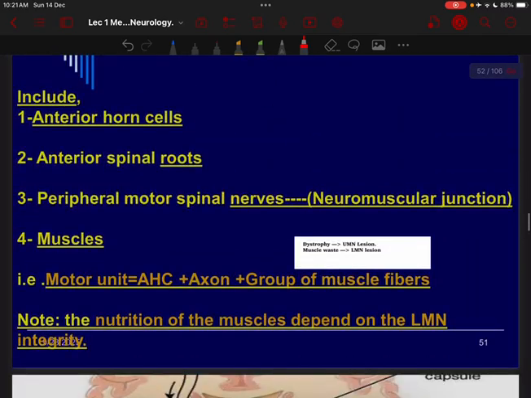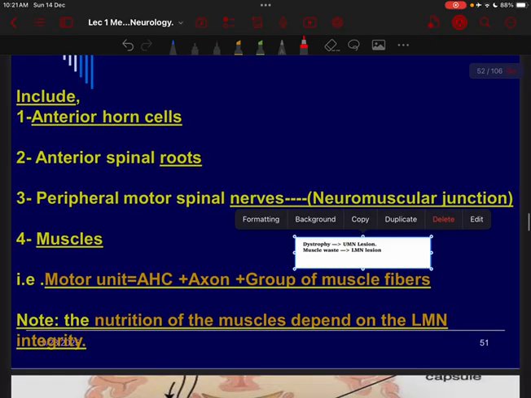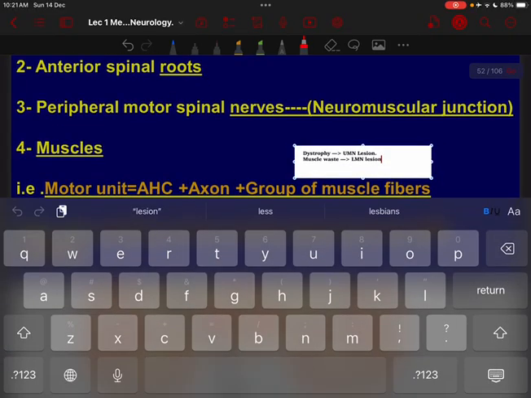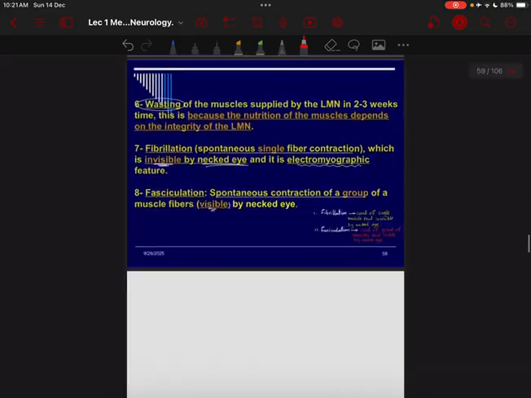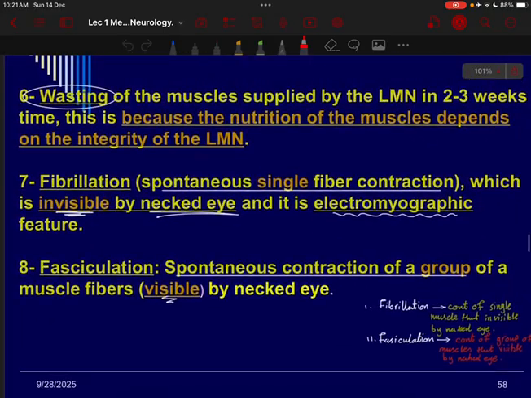أيضا من نعمل electrical study of the muscle نعمل EMG نشوف أكو finding. شو هو finding؟ نشوف في fibrillation. والfibrillation هي عبارة عن spontaneous single fiber contractions. Okay?